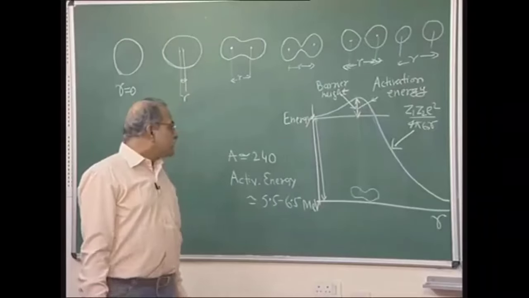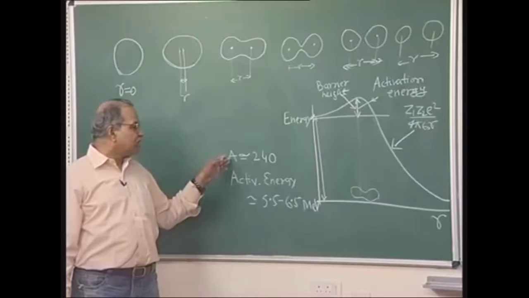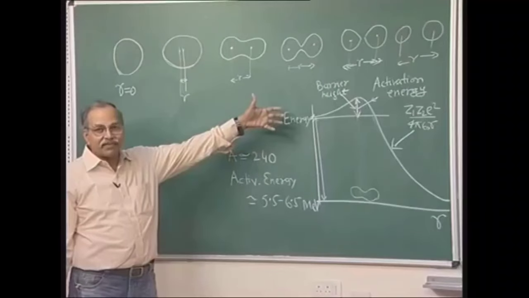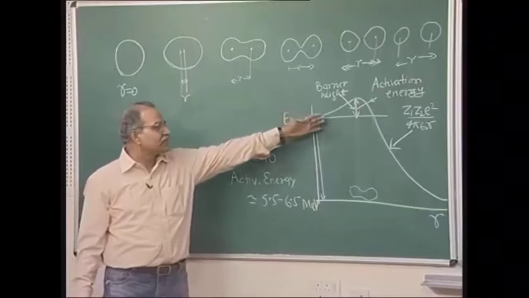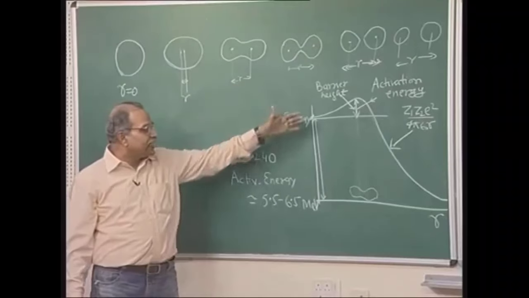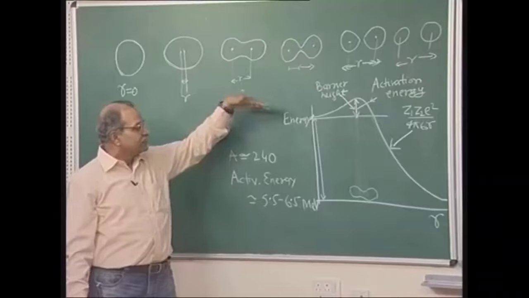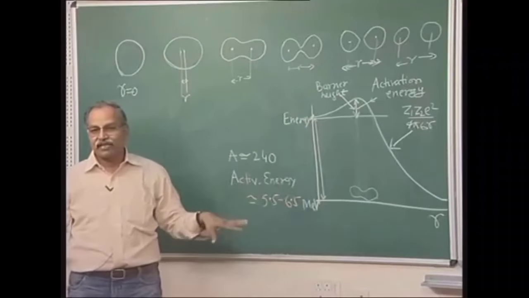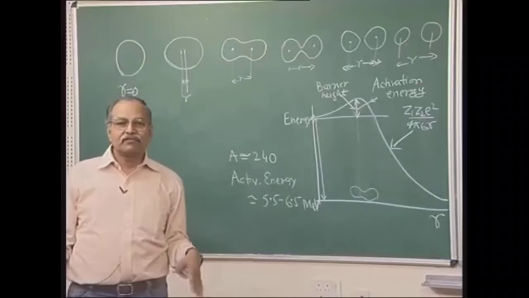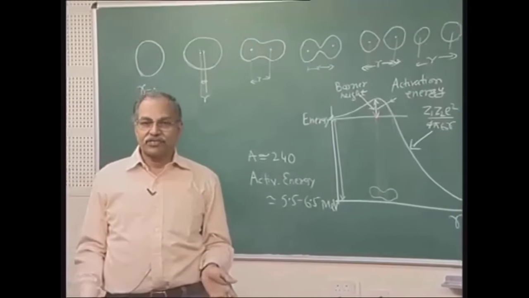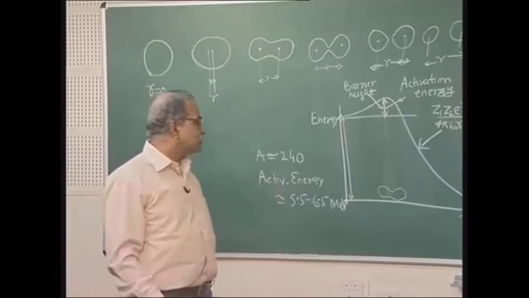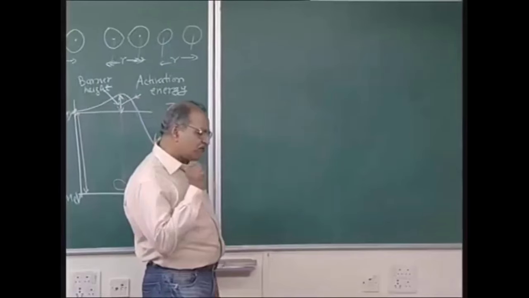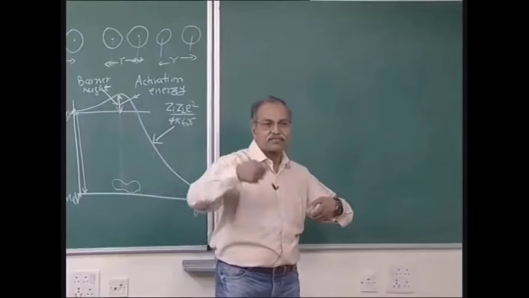Okay. But if you look for much larger values of A, then there is no barrier in fact. This shape does not work. From the very beginning, as the nucleus starts deforming, the energy starts decreasing. If that be the case, then of course, you will not have those nuclei, they will spontaneously fission. We can work out that condition also, where a small deformation triggers larger deformation.